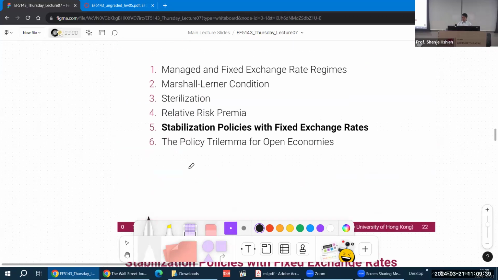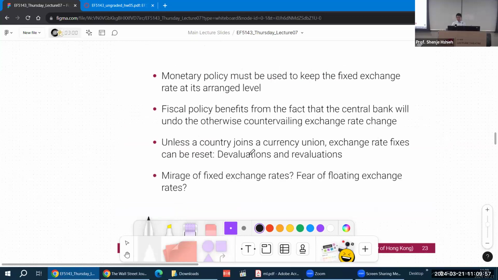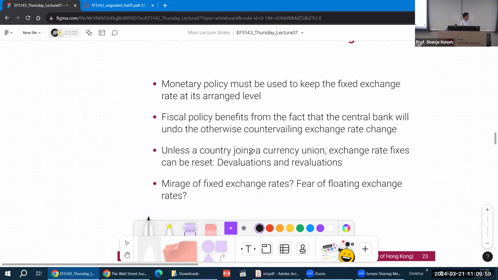The last topic of discussion is stabilization policies for fixed exchange rate regimes. So now, we're going to talk about fiscal and monetary policy, but now we're assuming that the country has adopted a peg. So the trade-offs, I think we already know, based on our understanding of the gold standard.